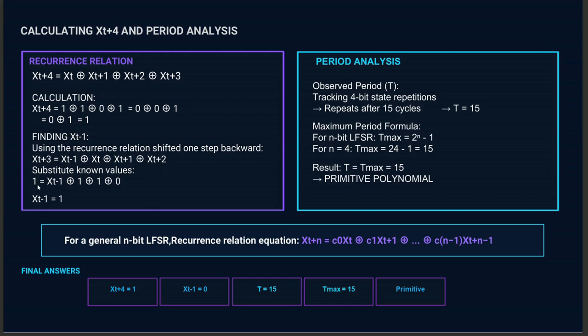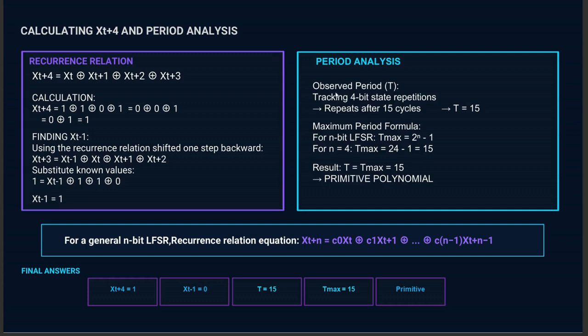Now substitute the values, that is S(t+3) equal to 1, S(t) equal to 1, S(t+1) equal to 1, S(t+2) equal to 0, so it becomes 1 equal to S(t-1) XOR 1 XOR 1 XOR 0. Simply, 1 XOR 1 equal to 0, so 1 equal to S(t-1) XOR 0 XOR 0, 0 XOR 0 is 0, which becomes 1 equal to S(t-1). Therefore, S(t-1) equal to 1.